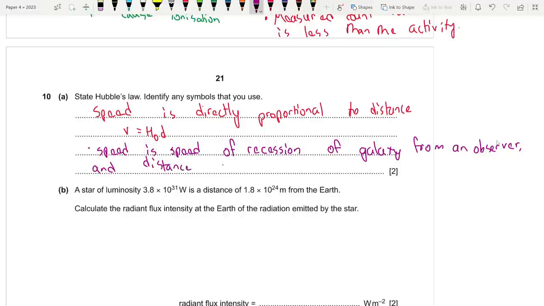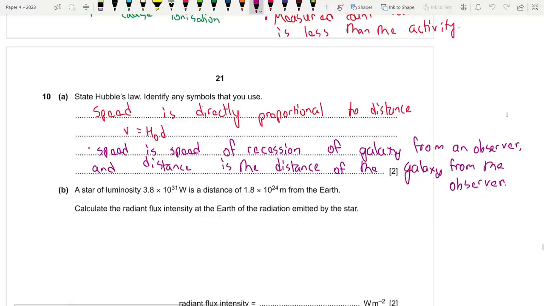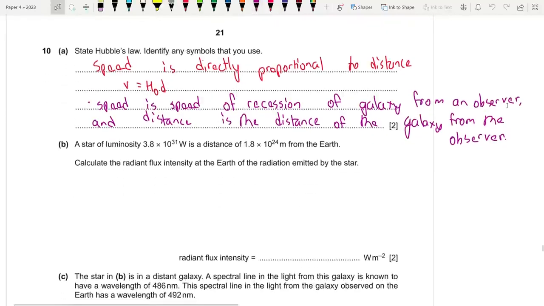Distance d is the distance of the galaxy from the observer. This is the gist. v is the speed of recession from an observer, and d is the distance of the galaxy away from the observer. Now, speed of recession means how fast it is moving away from the observer, right? And H naught is the Hubble constant.